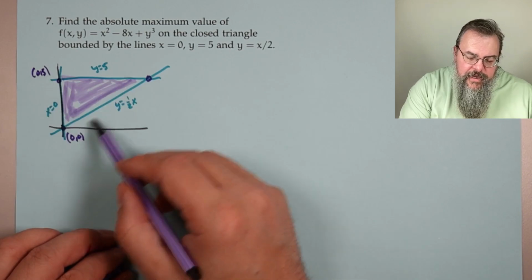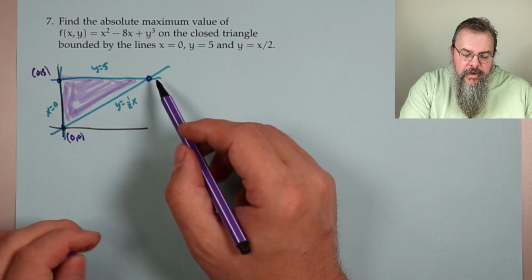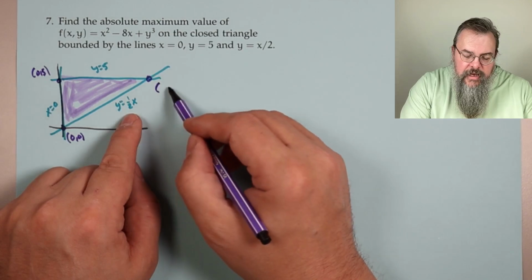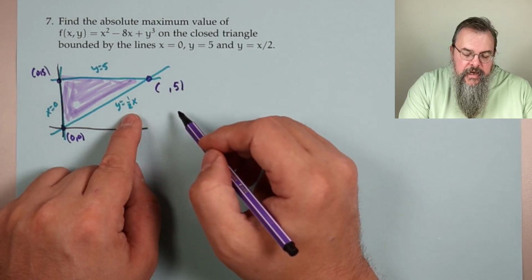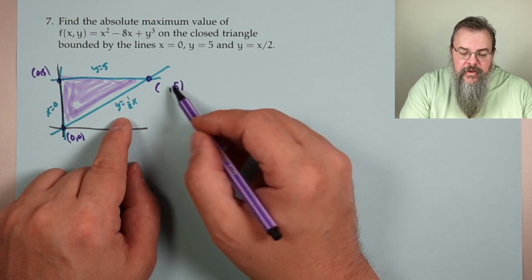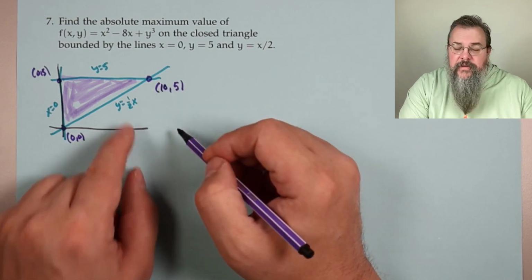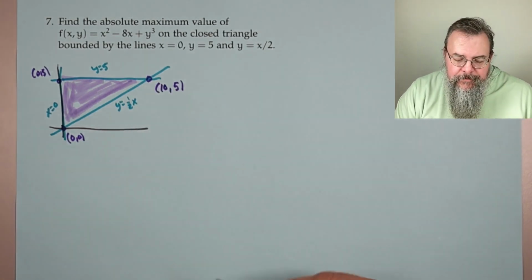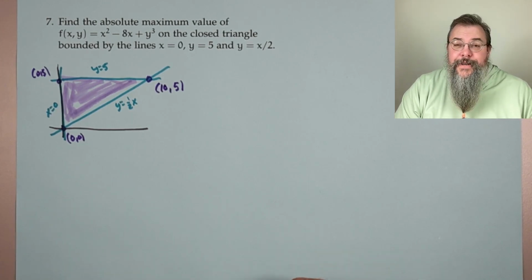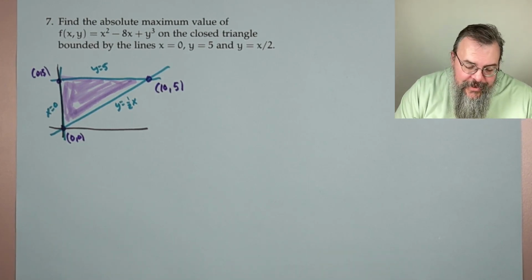And now this one maybe not quite so easy, but we know y is 5, so that's good. That gives us our second coordinate. And on the other hand, if I think about it, this says x is 2y. So since y is 5, that says the x coordinate is 10. All right, good.